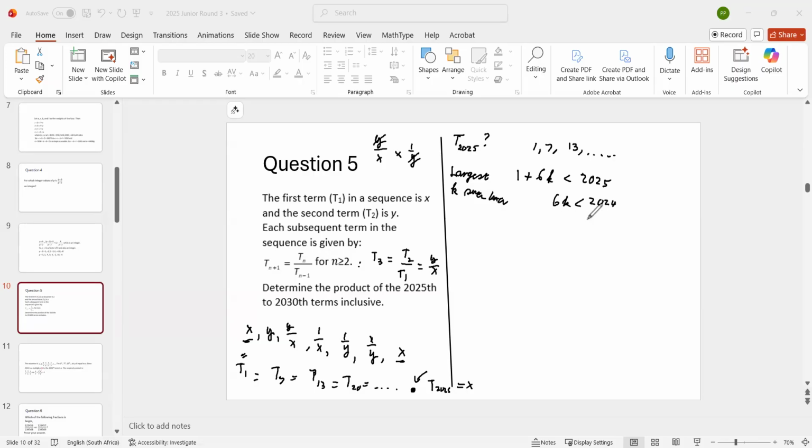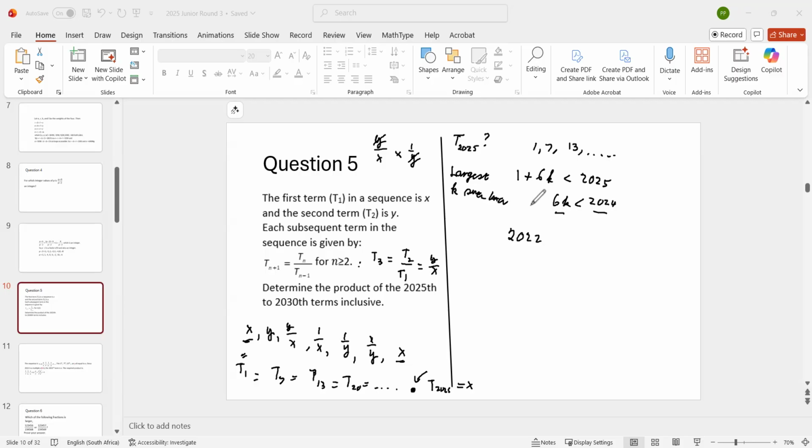So in other words, you want the largest multiple of 6 which is less than 2024. All right. The multiples of 6 are even. So let's try 2022. Is this a multiple of 6? Well, it's even. And the sum of its digits is 6. So it's a multiple of 3 and it's a multiple of 2. And therefore, it is a multiple of 6.